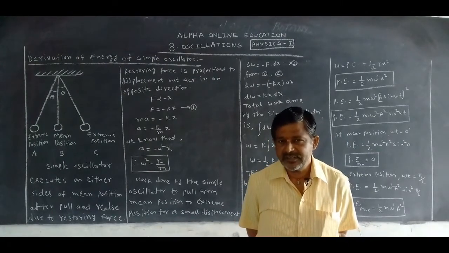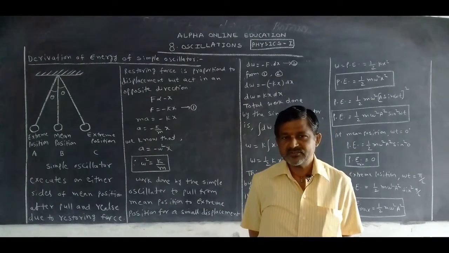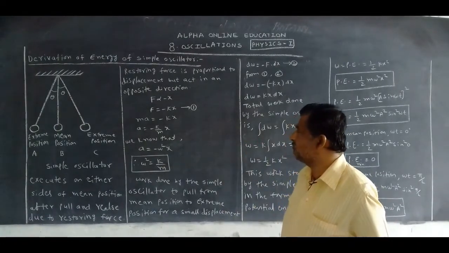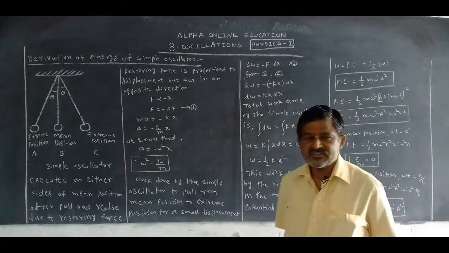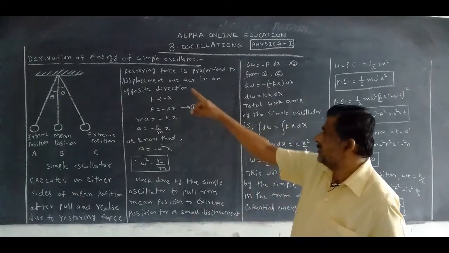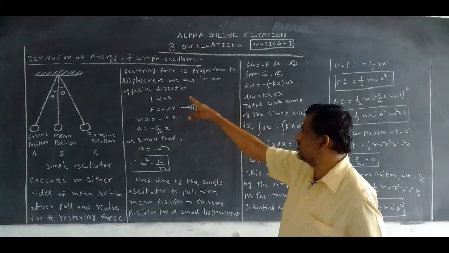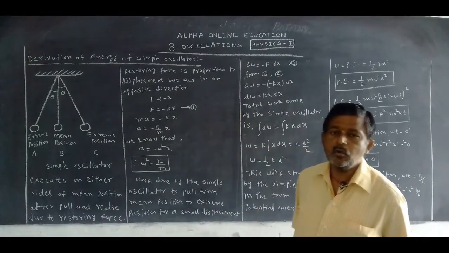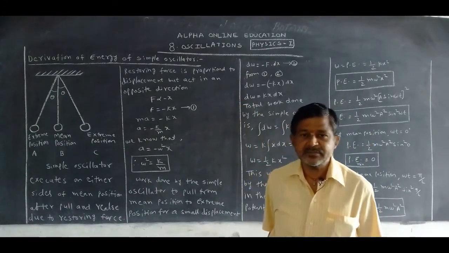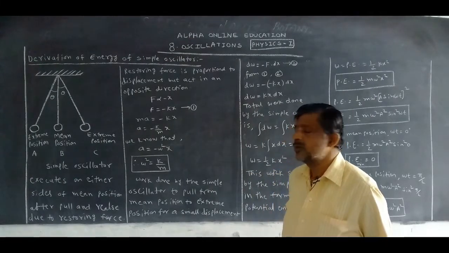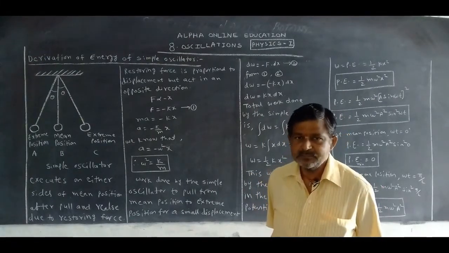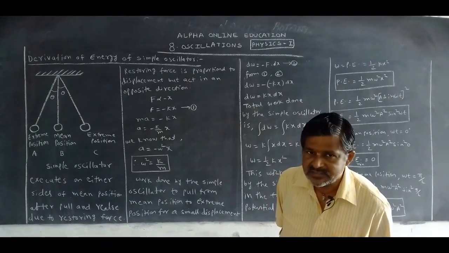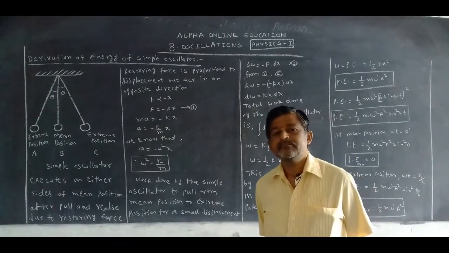Now the third and last 8 marks question in this chapter is the derivation of energy of a simple oscillator. How can we get this in the examination for 8 marks? Show that the simple oscillator obeys the law of conservation of energy.